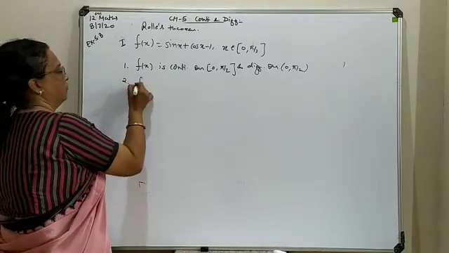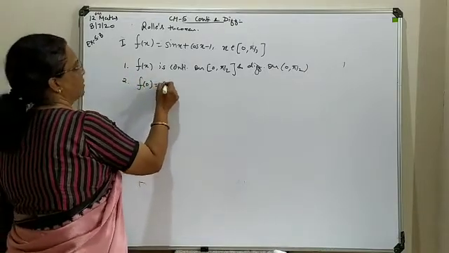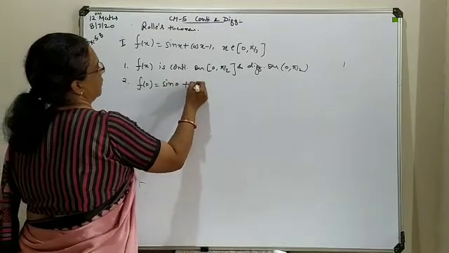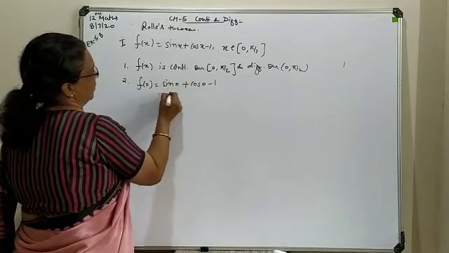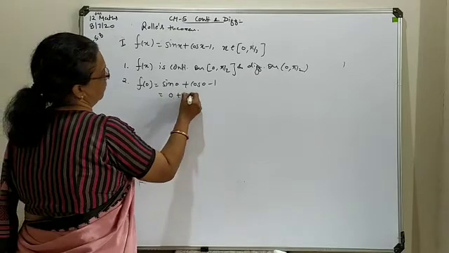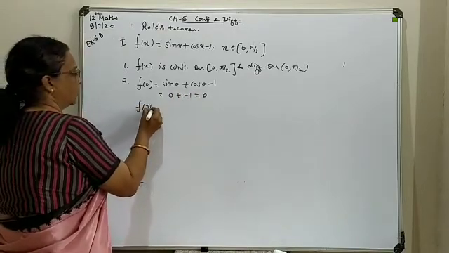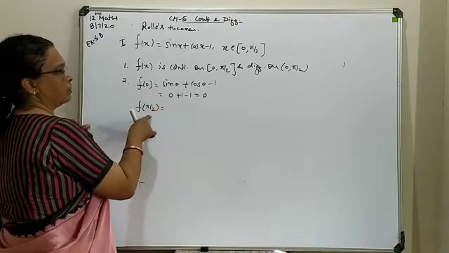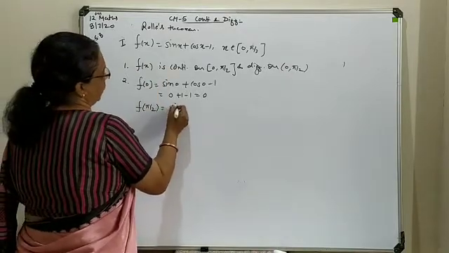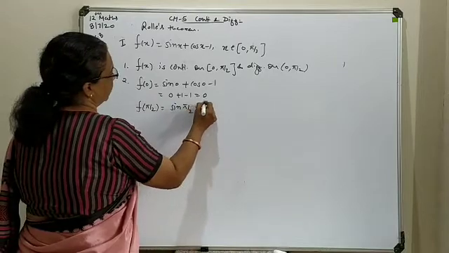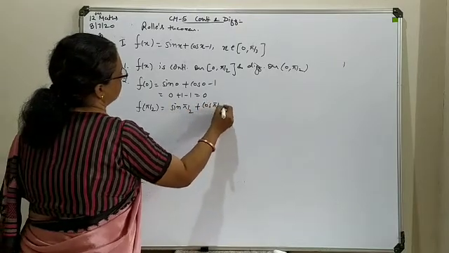First of all, f of 0 means sin 0 plus cos 0 minus 1. Sin 0 is 0, cos 0 is 1, 1 minus 1 is 0. Secondly, the function value at pi by 2, at b: sin pi by 2 plus cos pi by 2 minus 1.